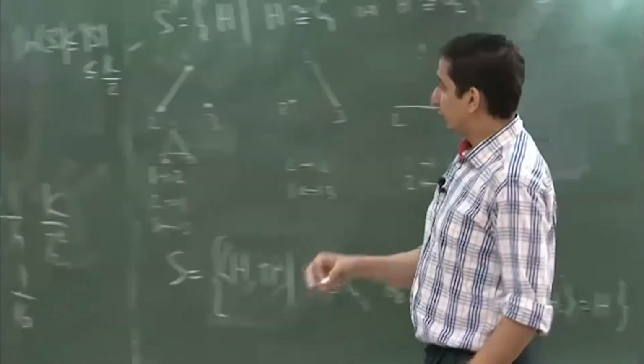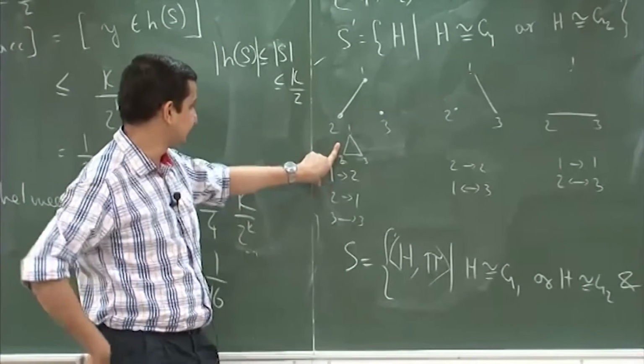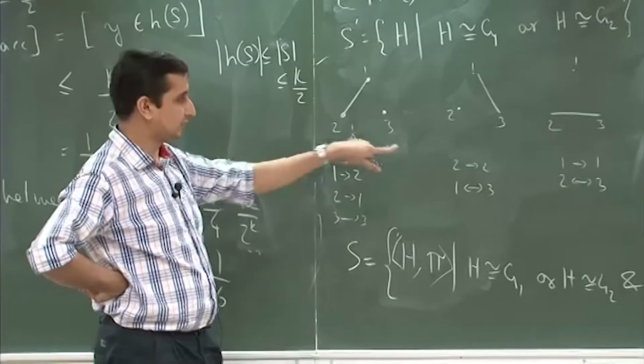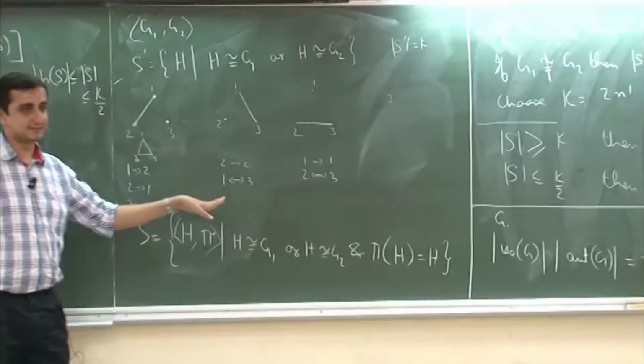As a simple example, if we consider this graph, the only graph that is isomorphic to this is itself, so the first set has size 1, but the second set will have size 6.